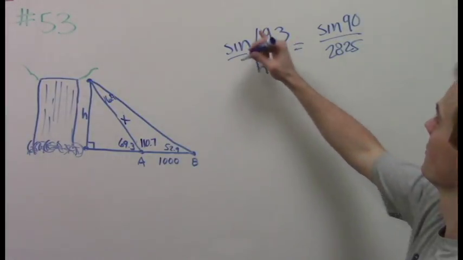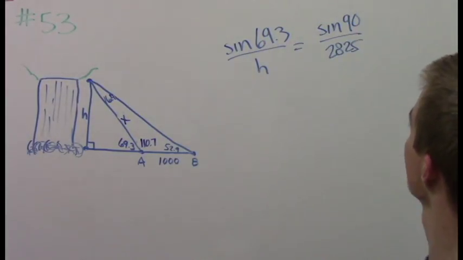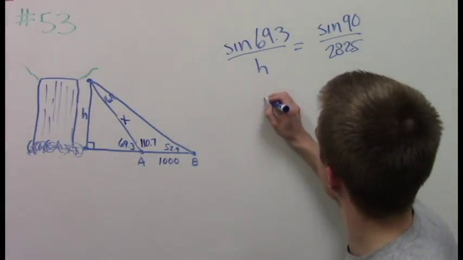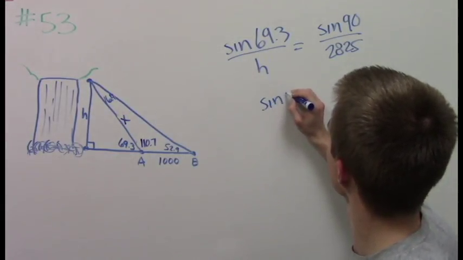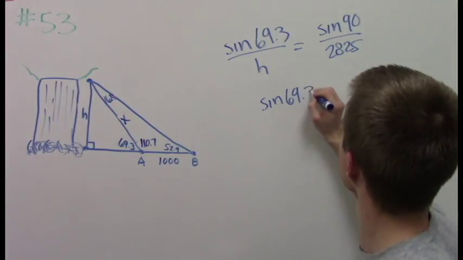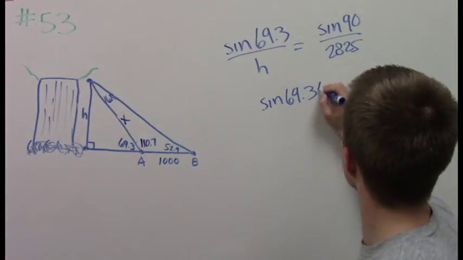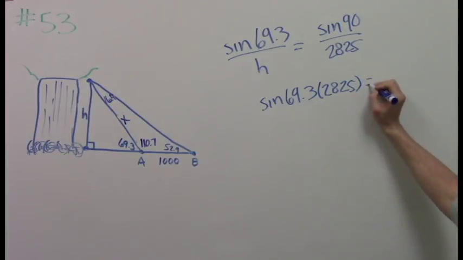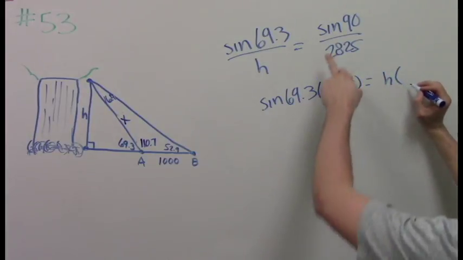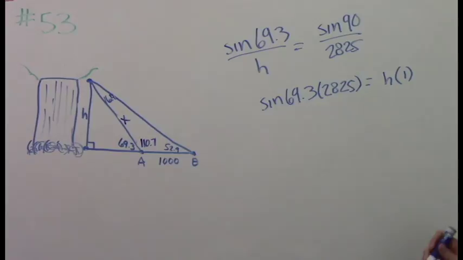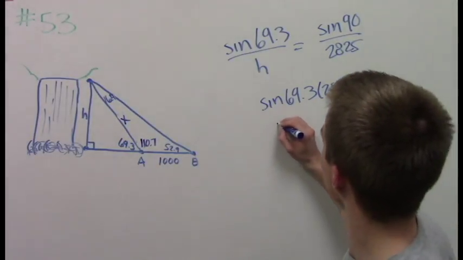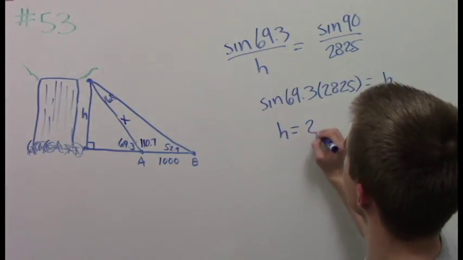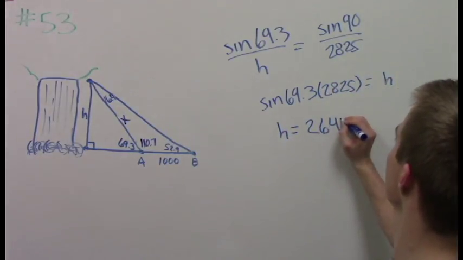And now we're just going to multiply like we did, that being 1, we get the sine of 69.3 times 2,825 is equal to h times 1, or just h. And when we punch that into the calculator, you get the height of the waterfall, which is 2,643.